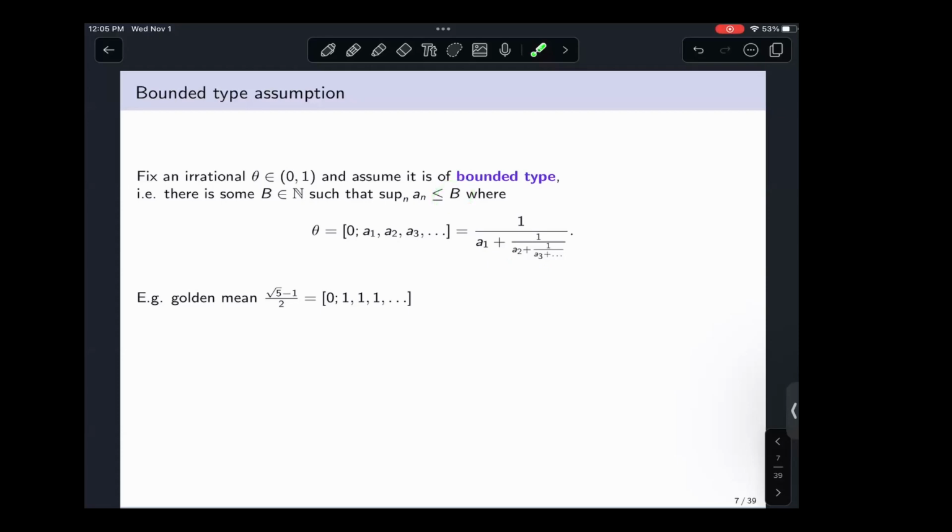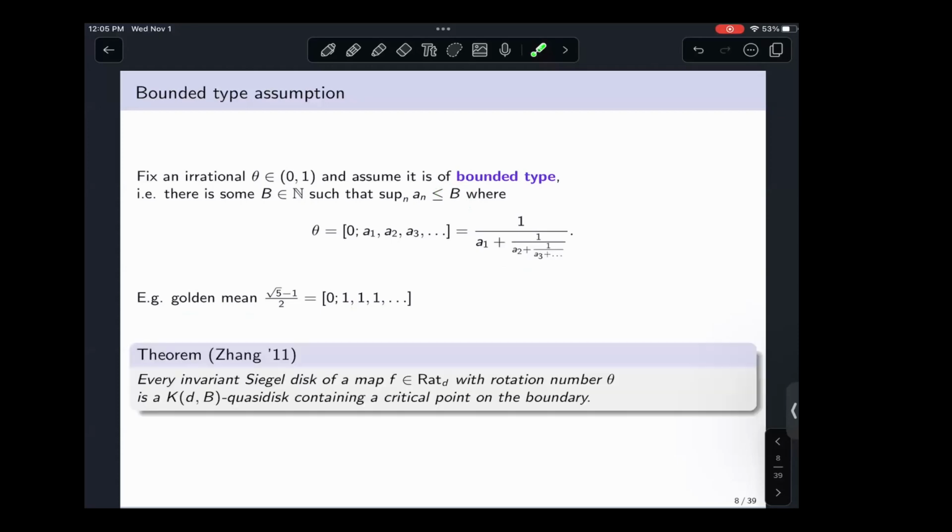And then throughout this talk, I'm going to denote by B the bound on the continued fraction expansion of the rotation number. Okay. And for example, just to remind you guys, we have this golden example, the golden mean. This is where the terms are just all one. Okay.